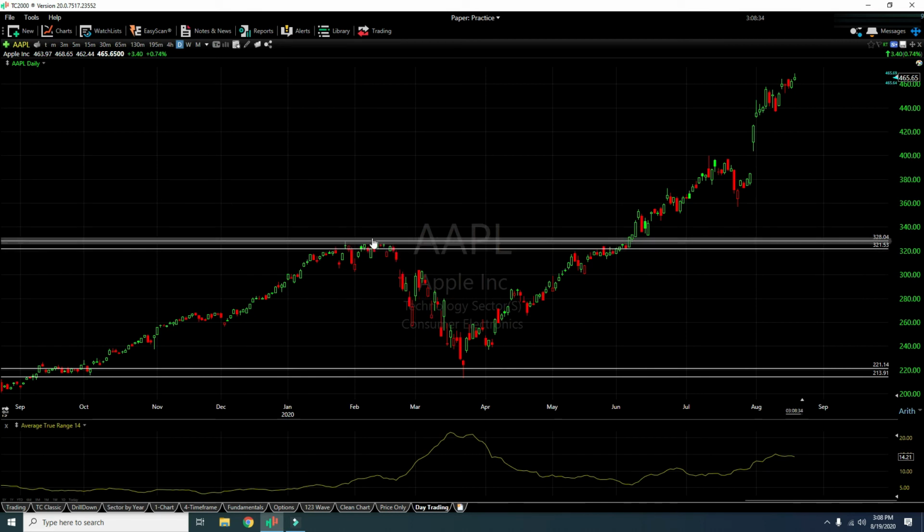So the same resistance, when the price tested it during an uptrend, the price broke above the resistance and had a rally. So the truth is, in a downtrend, supports break, in an uptrend, resistance break.